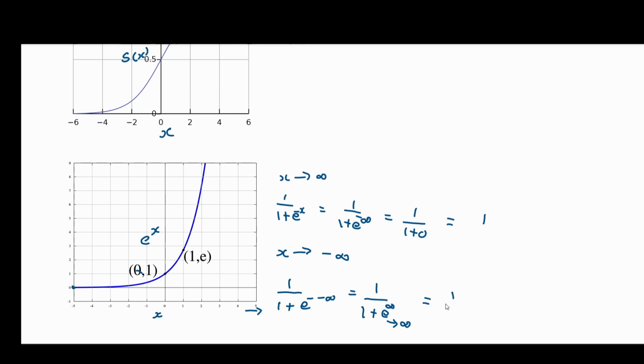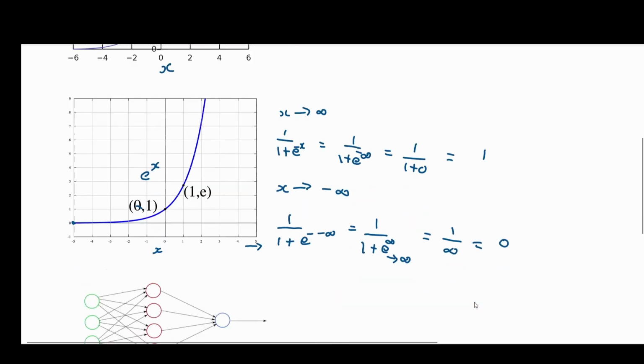So it's going to be 1 divided by infinity, or an extremely large number. So that is actually going to be 0. So you can see that irrespective of what value you plug into the sigmoid function, it will always lie between 0 and 1.